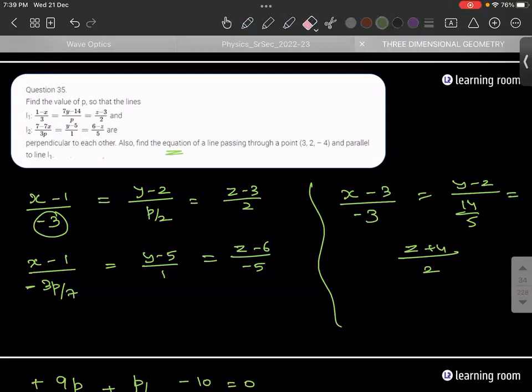What is the mistake? What is the mistake here? It is p by 7.